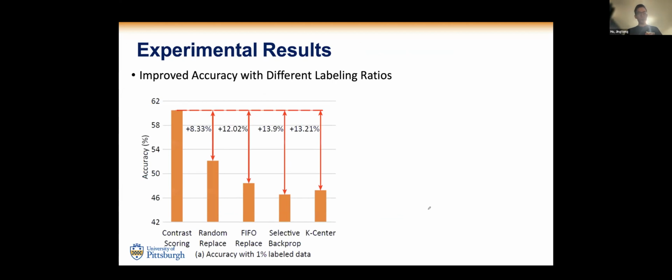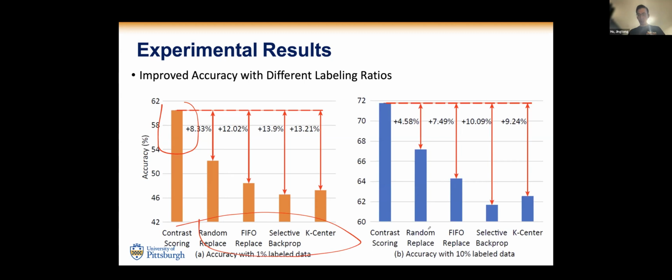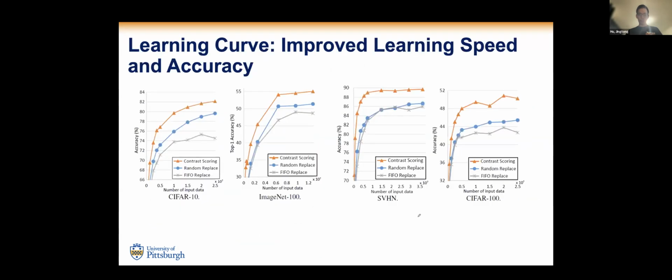All right, so these are the experiment results. You can see that contrastive score based data replacement can beat all other state-of-the-art methods. And this is another comparison with different data sets.